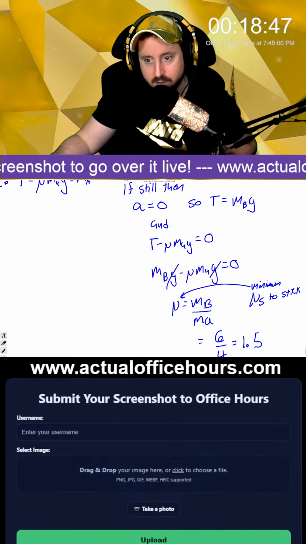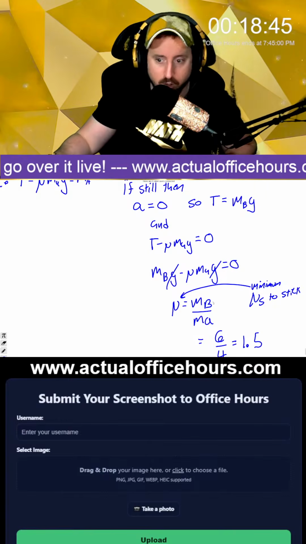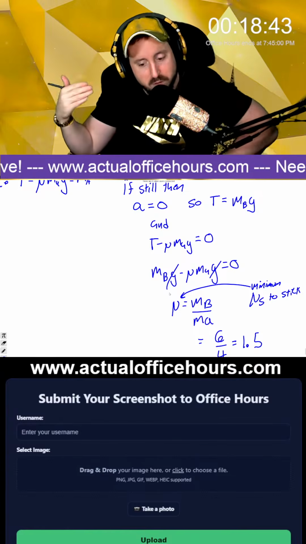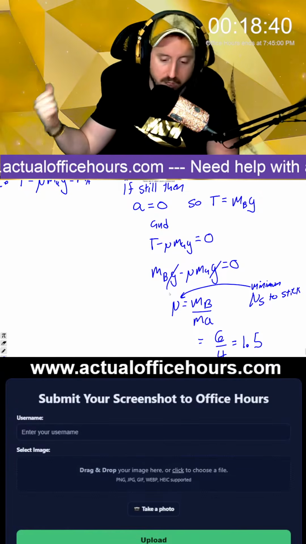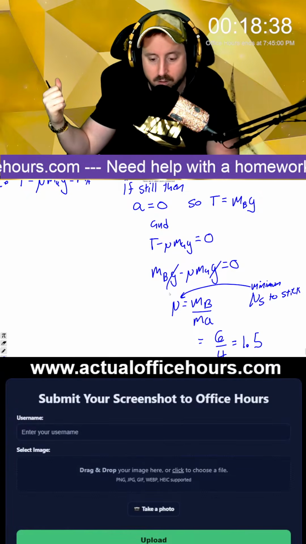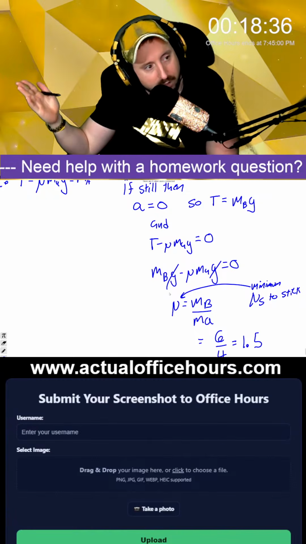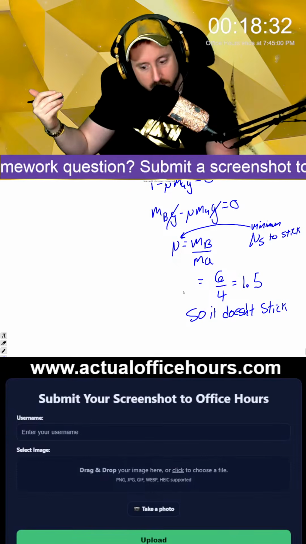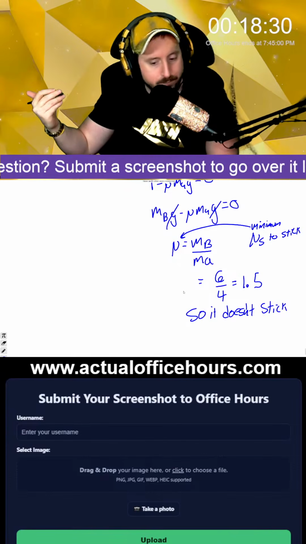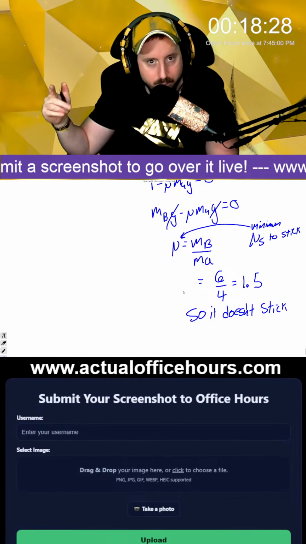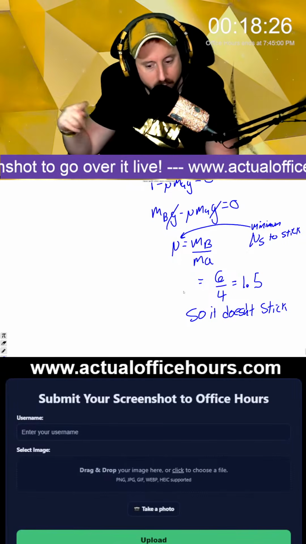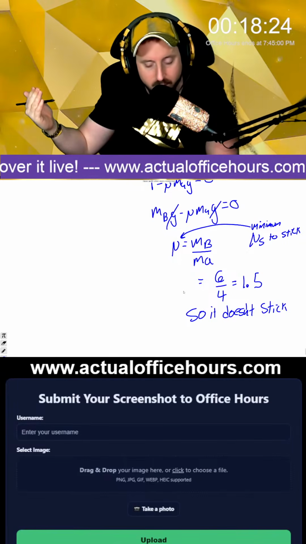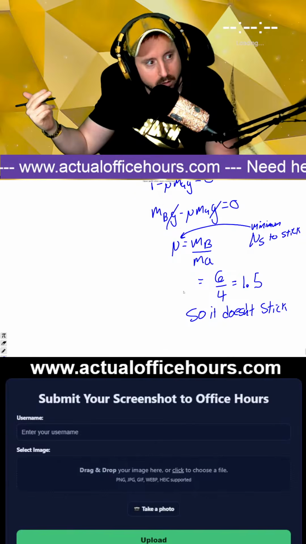I cancel the g's and solve for mu to get this. That's what mu needs to be in order for acceleration to be 0 and for the thing to stay stuck. You can see it's just not really possible. In fact, anytime the hanging block is heavier than the block on the top, it's just not going to work.